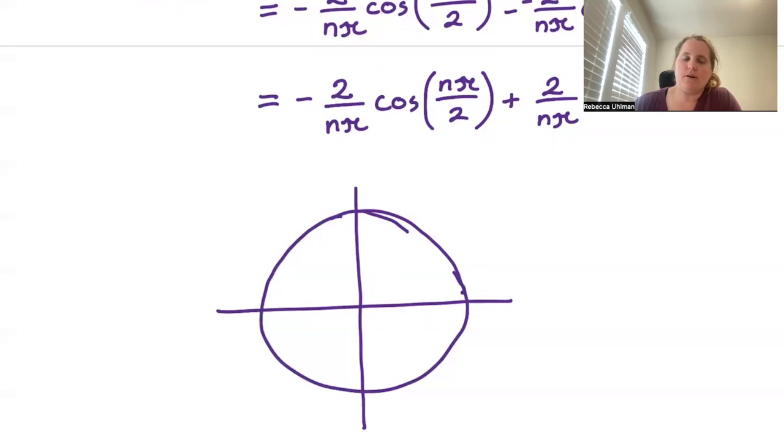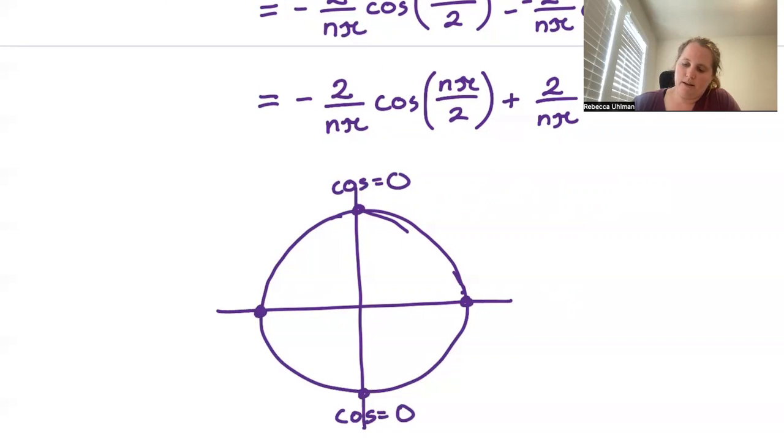Cosine is 0 for all odd multiples of pi over 2. So at these 2 points, cosine is 0. And those are precisely our odd integer multiples of pi over 2. And then for our even integer multiples, cosine is either 1 or negative 1.